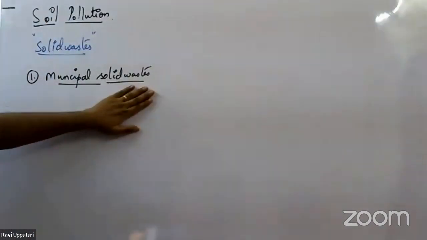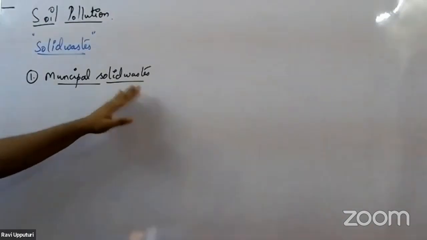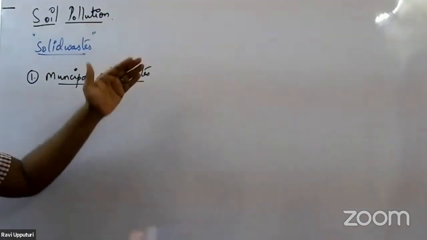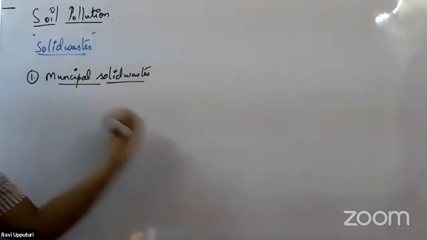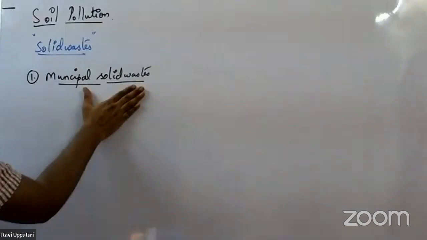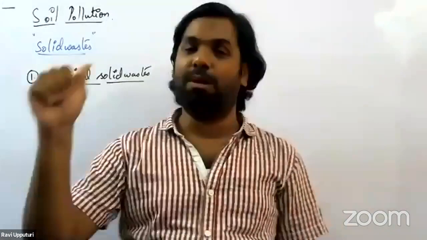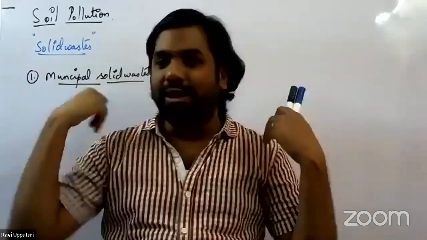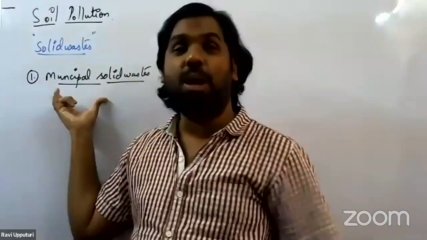So we can take the list here: it includes food remains, glass containers, plastic containers, rubber, and leather. The major sources of municipal waste are homes, offices, schools, stores, etc. Whatever waste comes out of all of these places, we classify as municipal waste.